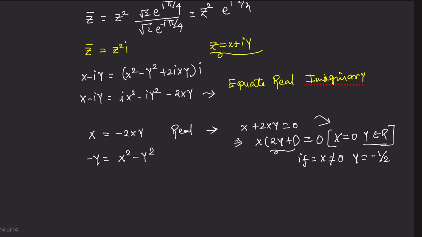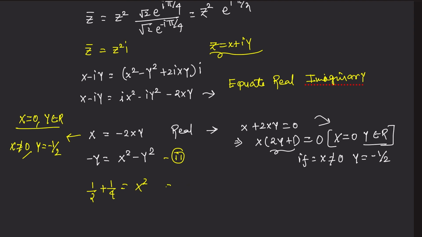It's not a solution yet, I am mapping what can happen. From this equation we got that when x is 0, y could be any real number. But what if x is not 0? If x is not 0, then y should be minus 1/2. Now using the second equation, if x is not 0, we put y as minus 1/2 here, and this gives 1/4, so 1/2 plus 1/4 is x square, that is, x square is 3/4.